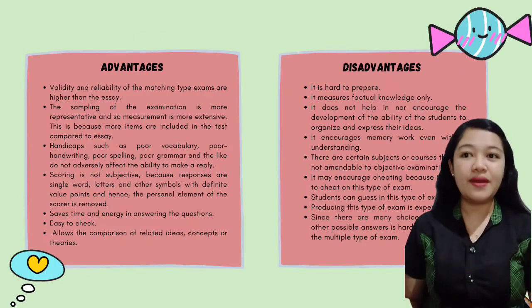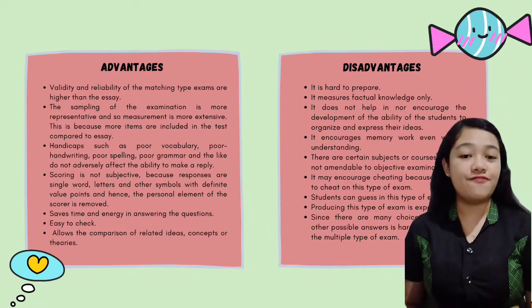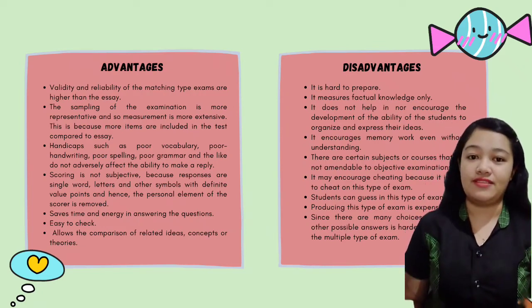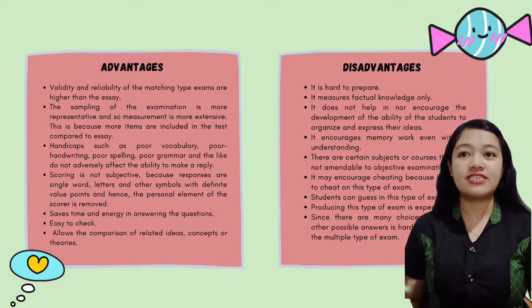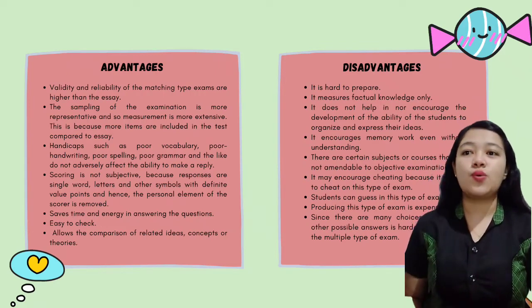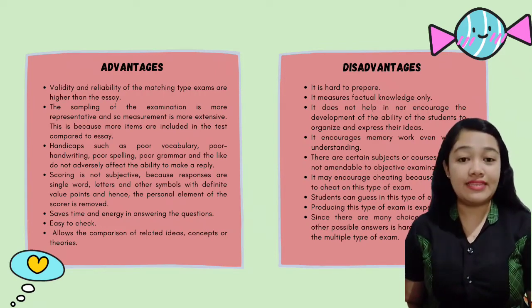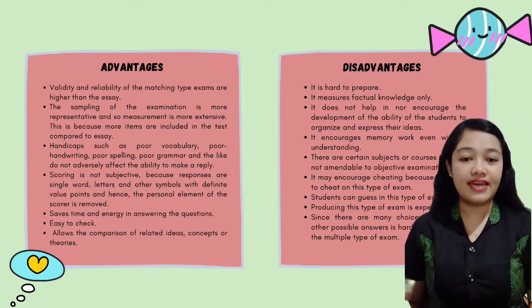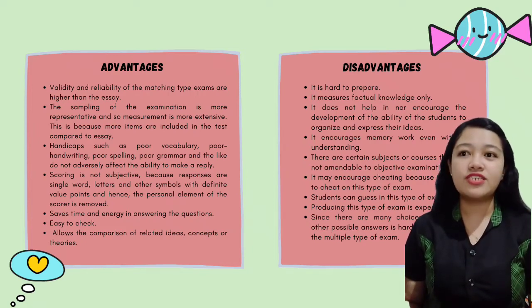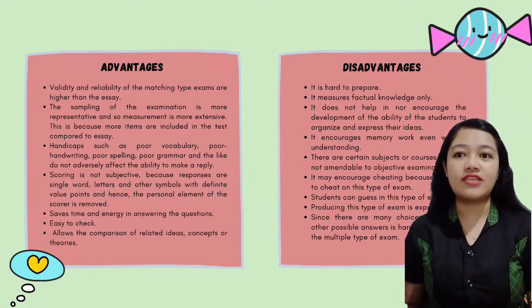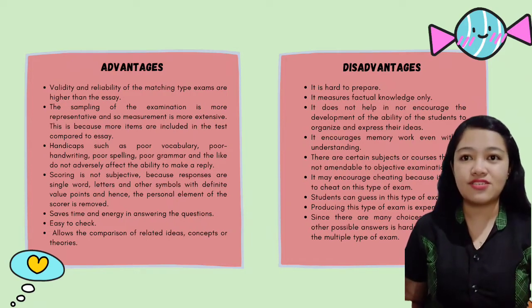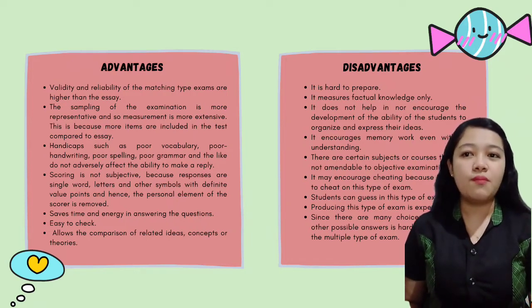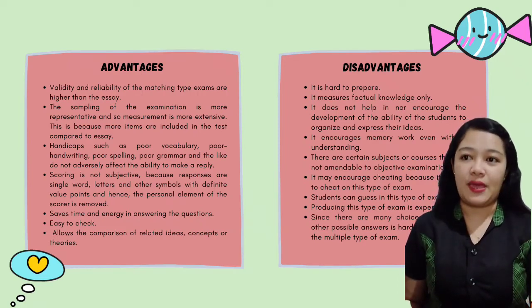In matching type, there are also advantages and disadvantages. So let's first discuss the advantages. The first one is the validity and reliability of the matching type exams are higher than the essay. Second, the sampling of the examination is more representative and so measurement is more extensive. This is because more items are included in the test compared to essay.